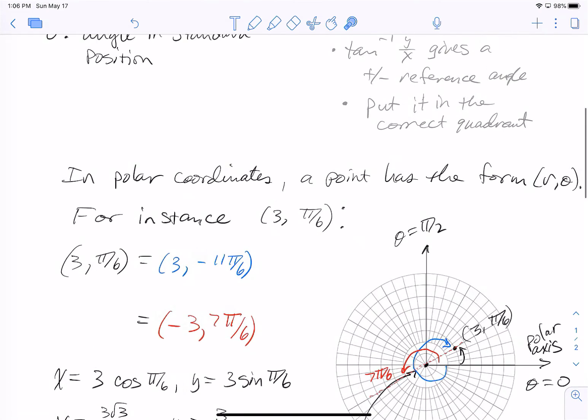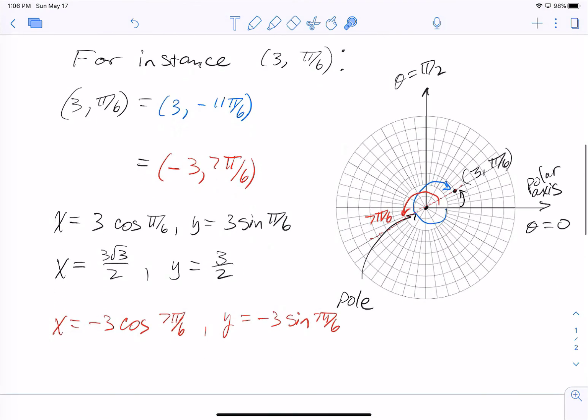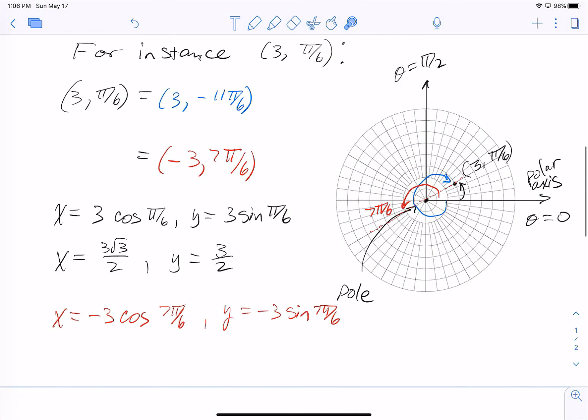Now, to expand a little bit on this idea of the inverse tangent not always giving us an answer that we expect, remember that the inverse tangent will only give us an answer, an angle, in the first or the fourth quadrant. First quadrant if the argument is positive, fourth quadrant if the argument is negative.